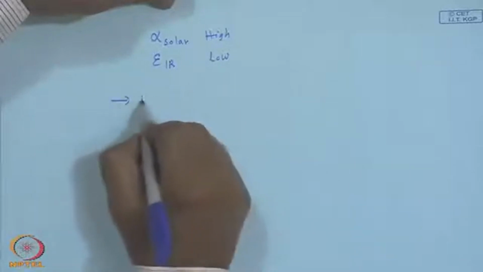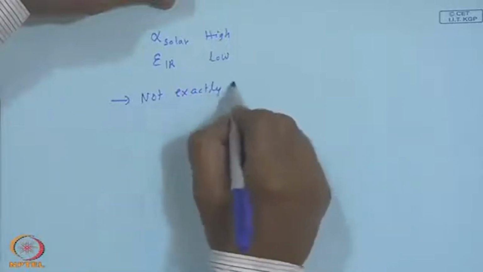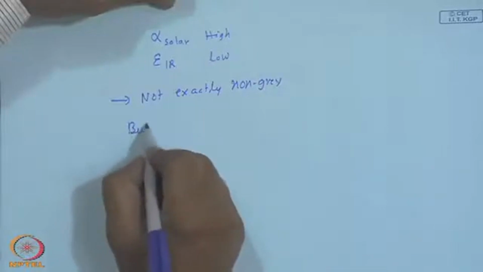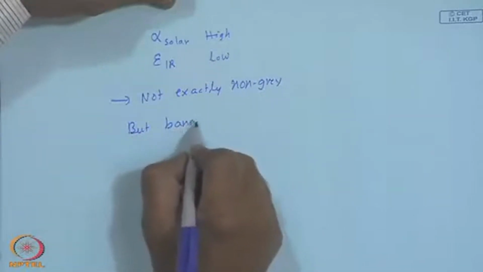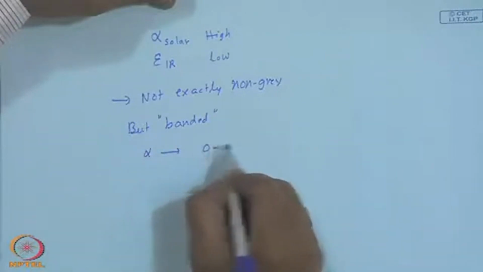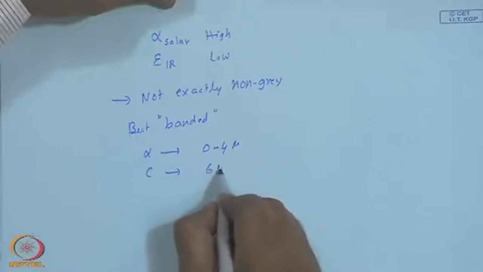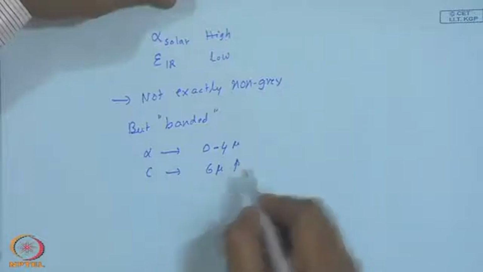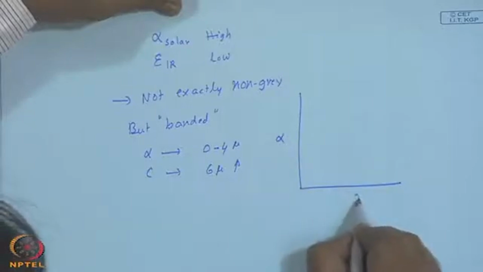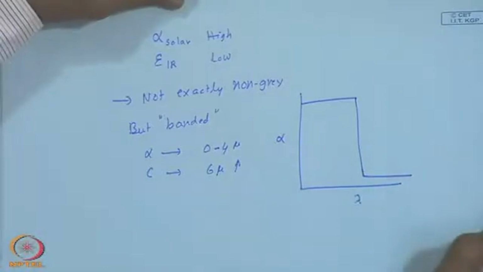This is not exactly non-gray, but banded. Alpha in say 0 to 4 microns and epsilon say 6 microns and above. So, if you plot alpha versus lambda, you may have something like this.